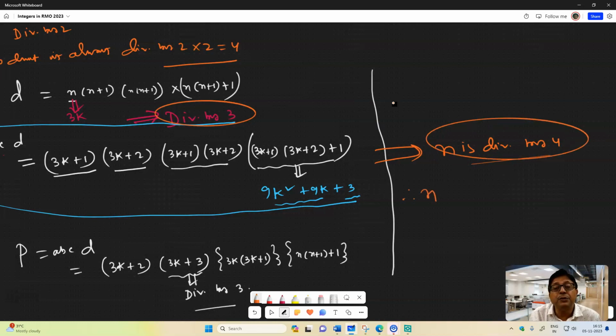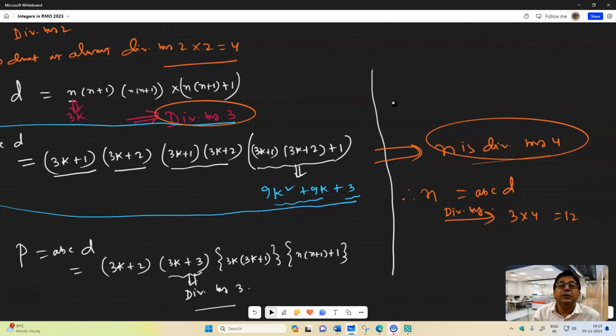Therefore that product ABCD is always divisible by 3 into 4, this is 12. Divisible by 12. And 12 is the least integer which is divided by itself. So the value of m is also going to be equal to 12. A little bit of the concept of integers we have used here.